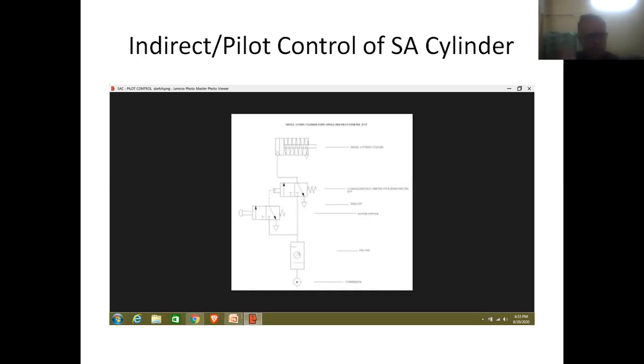So therefore, by virtue of spring action, the plunger comes back to the initial position, and as a result, this DC valve will also be coming to second position. And friends, when the DC valve comes to second position, supply of fluid is cut off into the cylinder. As a result, by virtue of spring action, the piston moves in reverse direction.